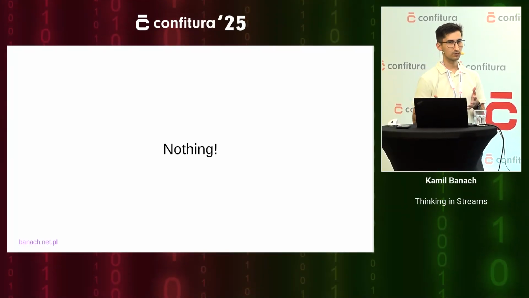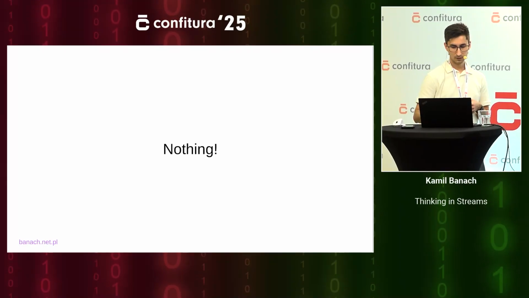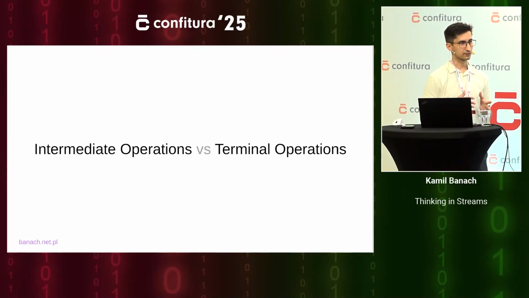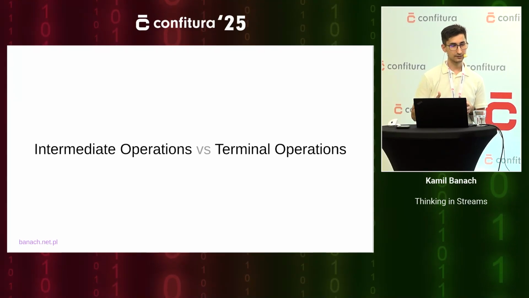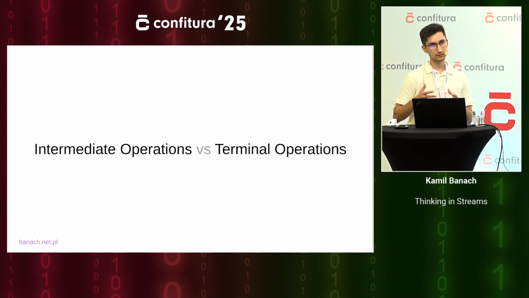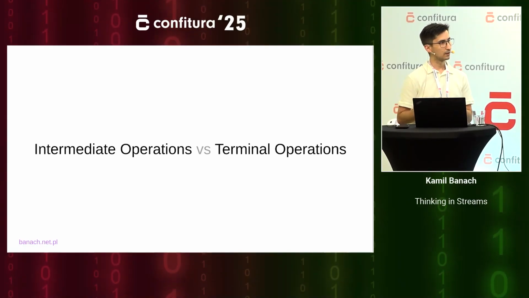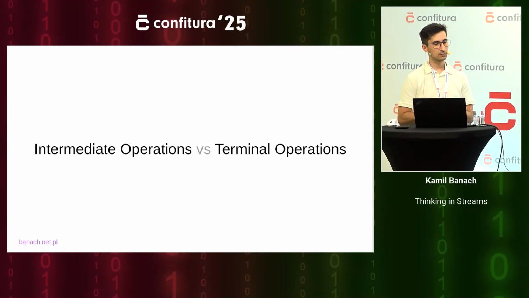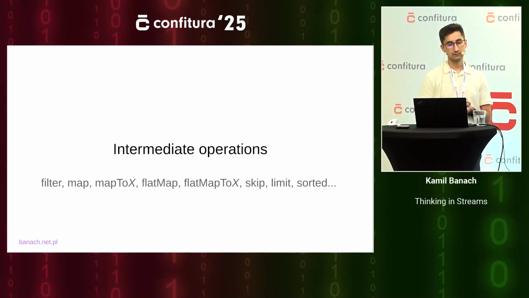The answer is pretty simple, because in the streams we have two different kinds of operators. We have intermediate operators and terminal operators. And those intermediate operators are not executed in the pipeline of the stream until we finish the stream with some terminal operator.